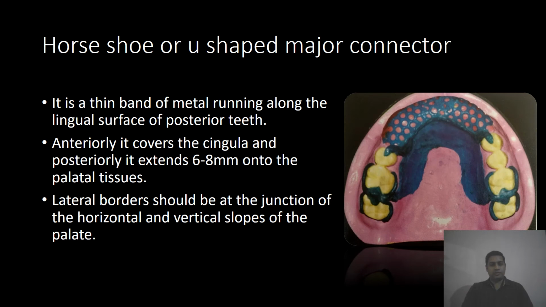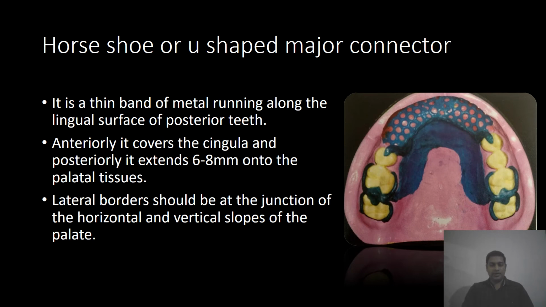Horseshoe or U-shaped major connector. It is a thin band of metal that runs along the lingual surface of the teeth. Anteriorly, it covers the cingula, and posteriorly, it extends 6 to 8 mm onto the palatal tissues.